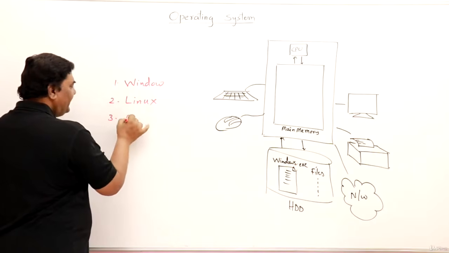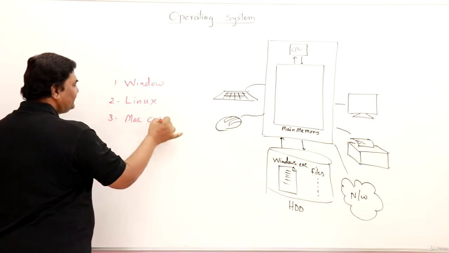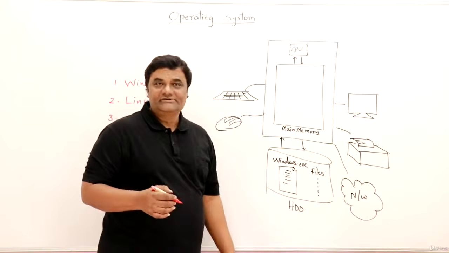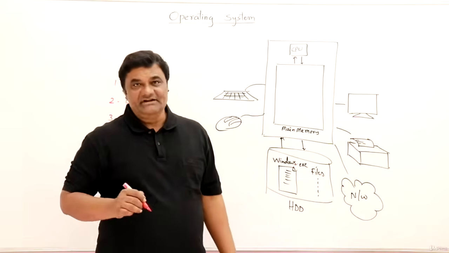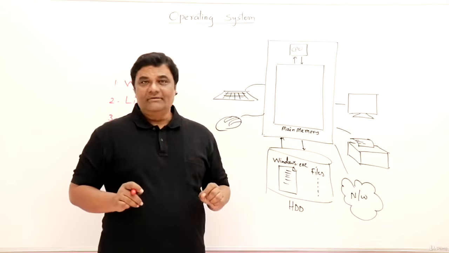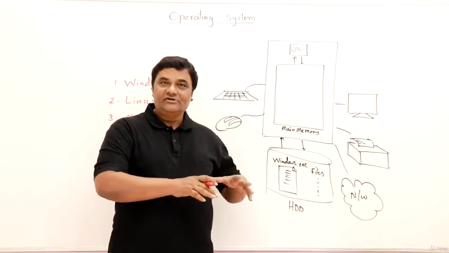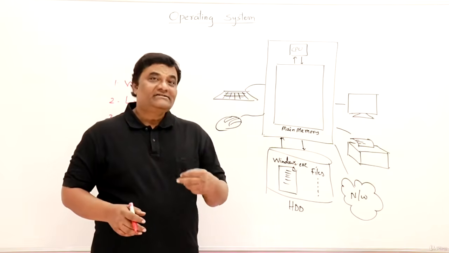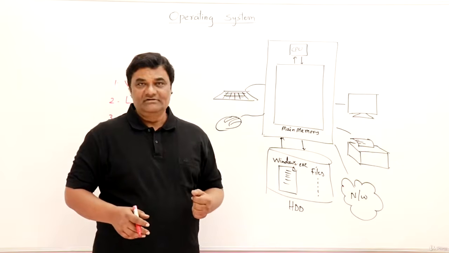Third is Mac OS X. These are the commonly found operating systems. So what actually is an operating system? See, an operating system is a master program. It will utilize all the resources of your computer system and provide services to the user.